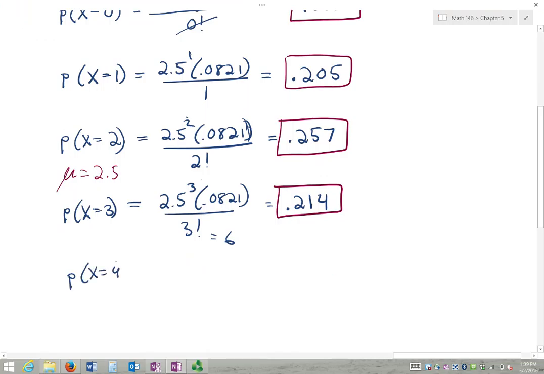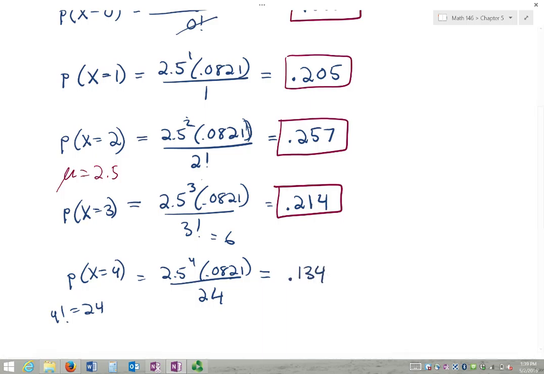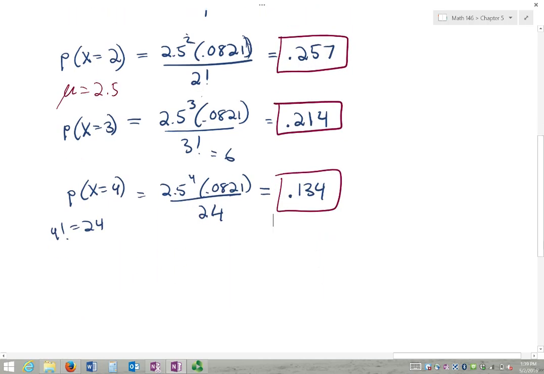So x equals 4, 2.5 to the fourth. 4 factorial is 4 times 3 times 2 times 1, which is 24. And we multiply this out together, we'll get 0.134. X equals 5.